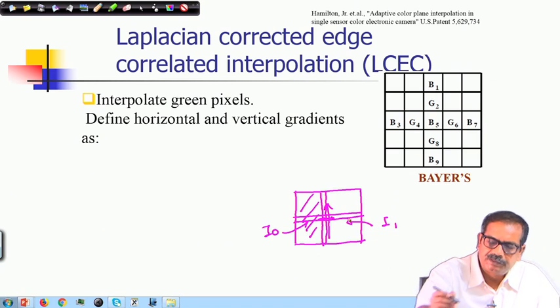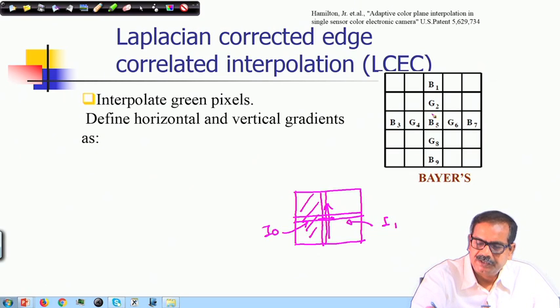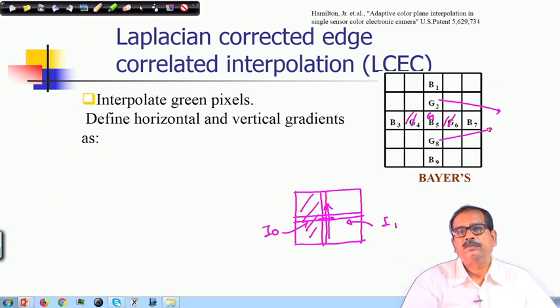For example, in this particular case, say we would like to compute green. You can take the average of these two values, that is in the horizontal direction, or you can take the average of these two values, that is in the vertical direction. So, which one should you choose? If you find that the vertical gradient is significantly smaller than the horizontal gradient, which means there exists an edge, then you should prefer the vertical direction.